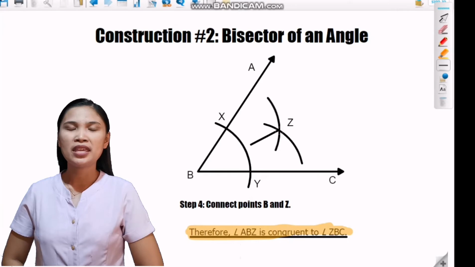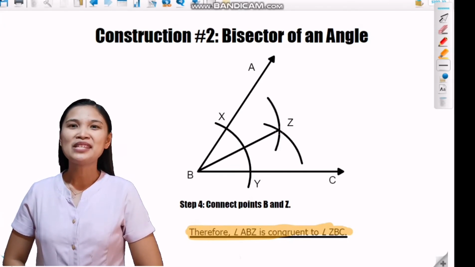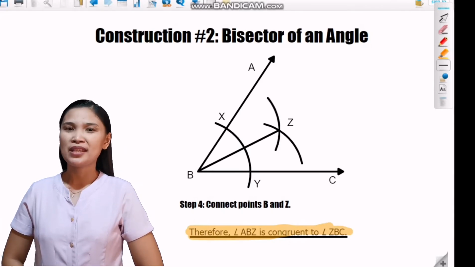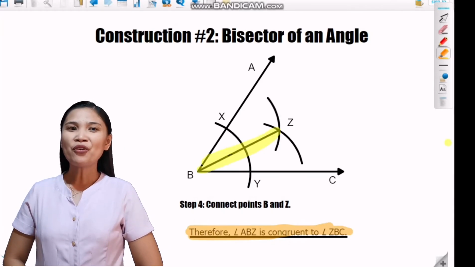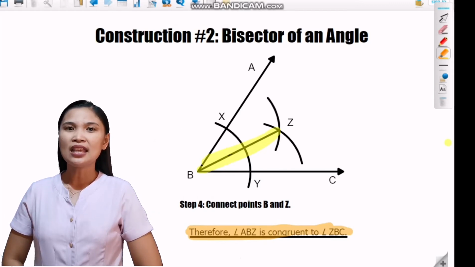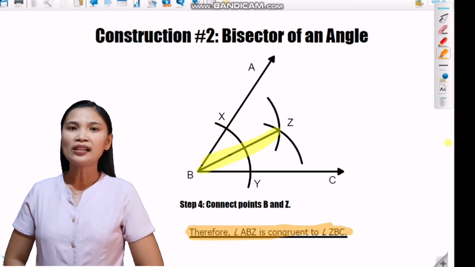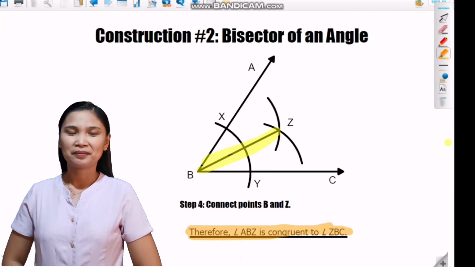Connect points B and Z. And finally, we have segment BZ, which is the angle bisector of angle ABC. Therefore, angle ABZ is congruent to angle ZBC.